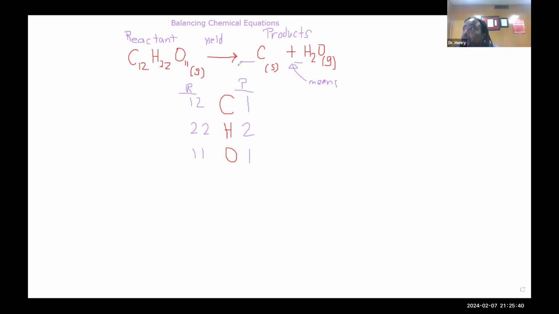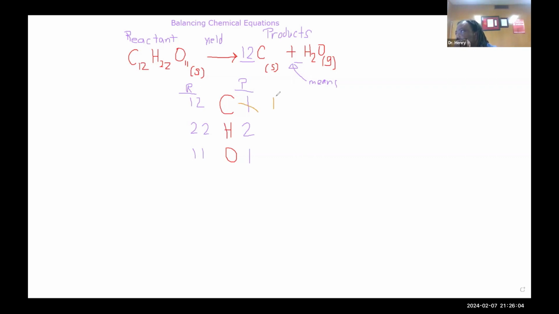So what can I multiply 1 by so that it equals 12? 12. So we're going to put a 12 here. So that now means that instead of having just that one carbon, we have 1 times 12, which is 12.